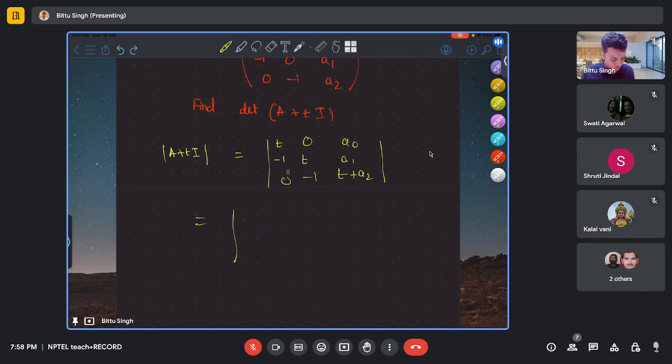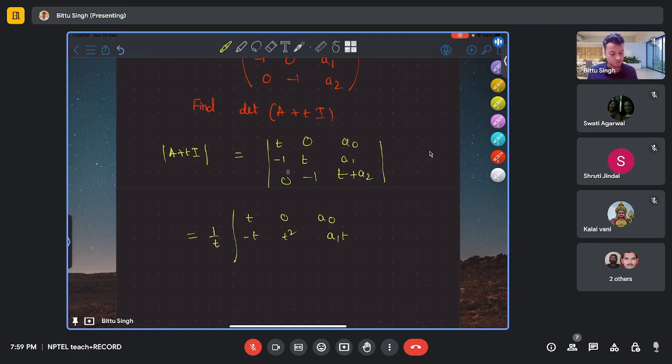For this, you can just multiply t with the second row, then it will be minus t, t square, a1 t. But if you multiply the second row with t, the determinant will be t times the previous. That's why we need to divide it by t.